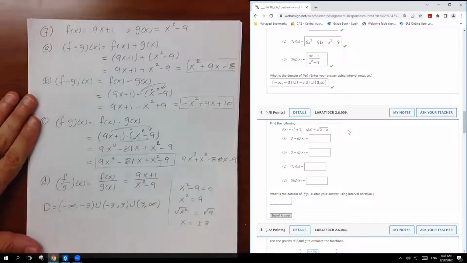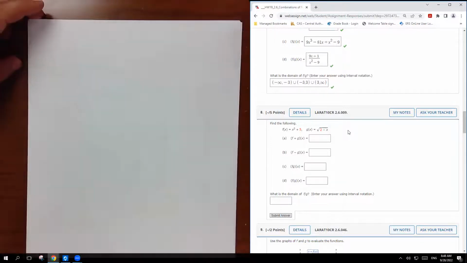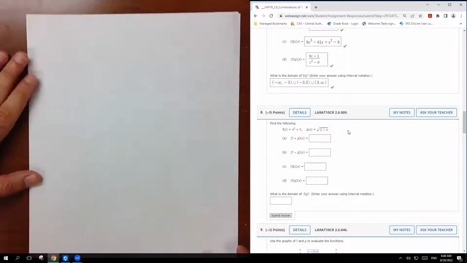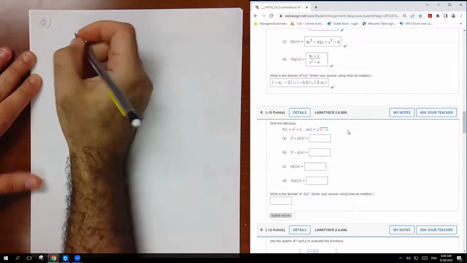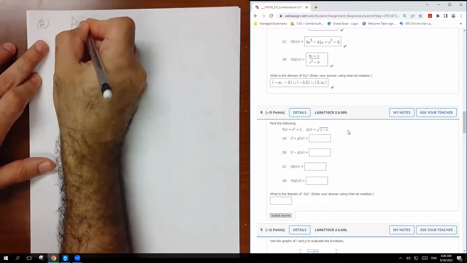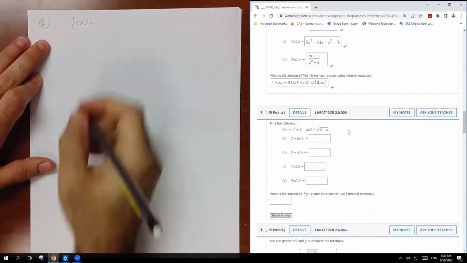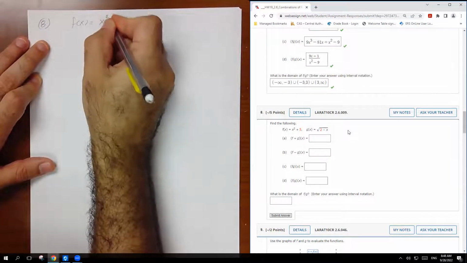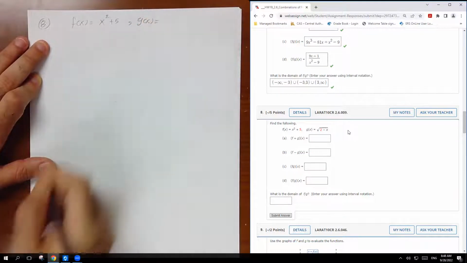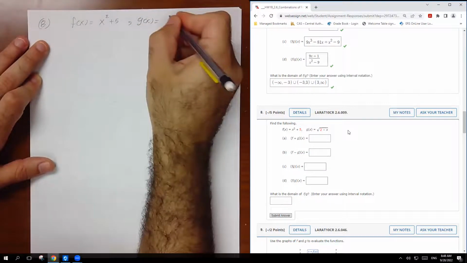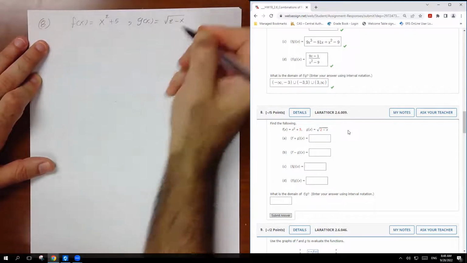So for example, now we have f of x equal x squared plus 5 and g of x equal square root of 2 minus x.